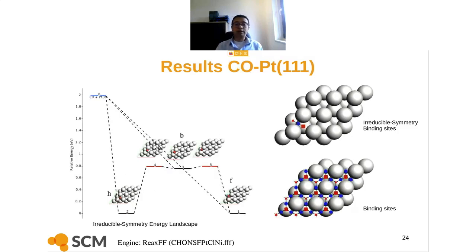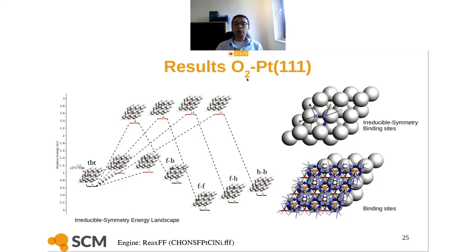The CO also, we found that the CO is not split with the interaction with the platinum. For example, with the O2, the O2 certainly is a more complex system, but we can get in the first step in the absorption, that the molecule is absorbed on a TBT configuration, and starting from there, you get the splitting of the oxygen, going to different points like FCC and bridge, FCC and FCC, and so on.